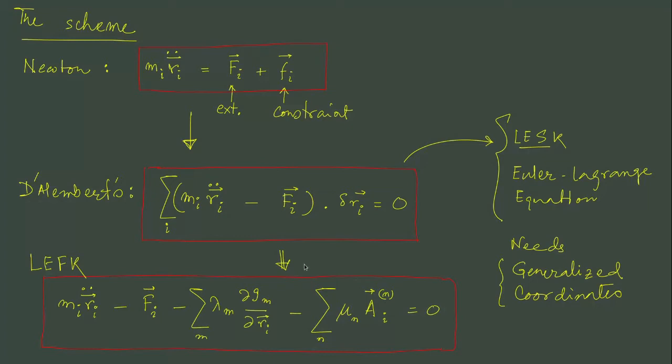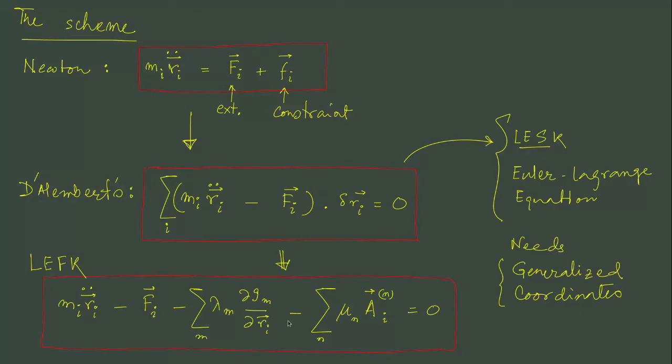A comparatively easier situation is encountered with Lagrange's equation of the first kind, where for the ith particle, not like a sum in D'Alembert's case, we have the mass times acceleration minus the external force, and then we calculate the constraint force from the constraints for all holonomic constraints and certain non-holonomic constraints, where we take the gradient of the constraint, which is more like a perpendicular vector on the constraint surface.